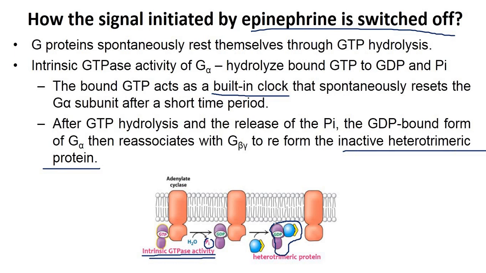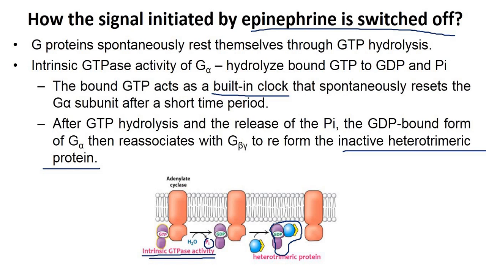Remember students, the GDP-bound form will not activate membrane-bound adenylate cyclase and will not form cyclic AMP, whereas the GTP-bound form will activate adenylate cyclase, and this in turn will activate protein kinase A, inactive to active. So inactive protein kinase A is converted to active protein kinase A.